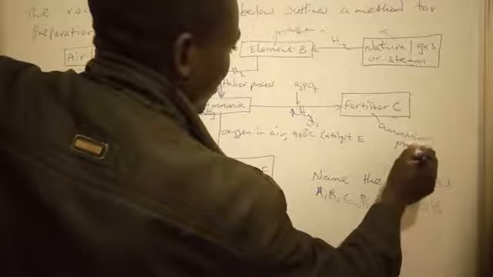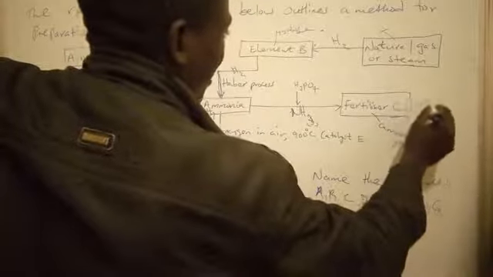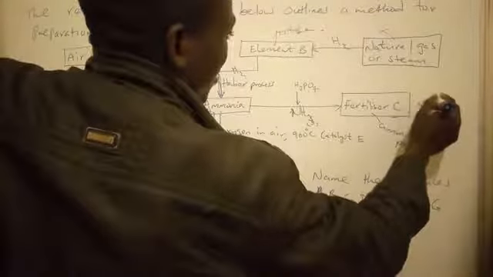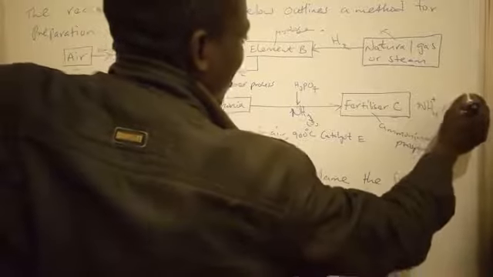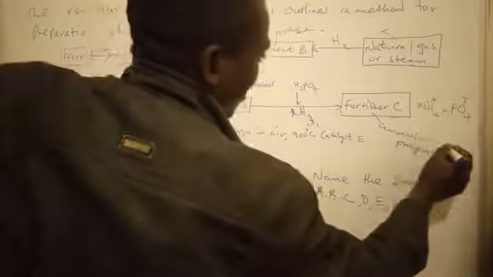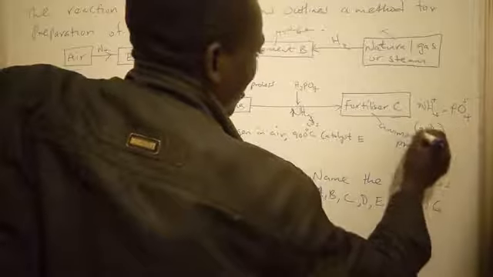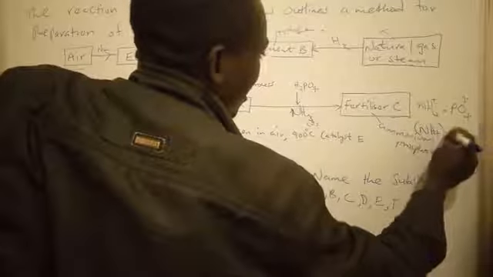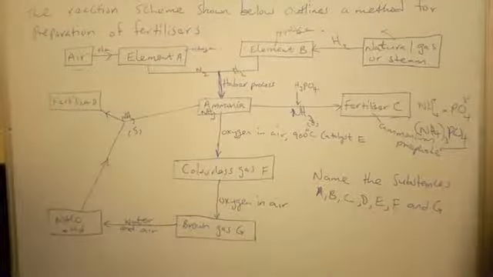Ammonium phosphate, that is NH4 positive combining with a phosphate. What we will have is ammonium phosphate is (NH4)3PO4. It's a fertilizer, ammonium phosphate.